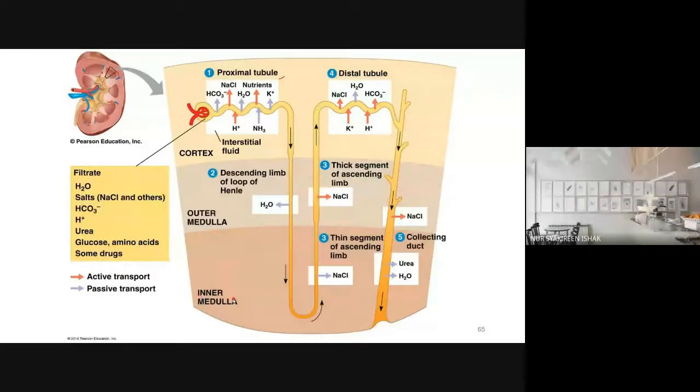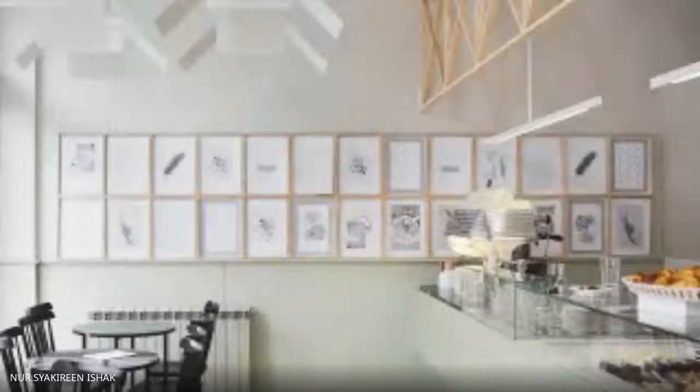The cortex is where the glomerulus, the Bowman capsule, the proximal tubule and the distal tubule are located. The outer medulla and inner medulla are where the loop of Henle and the collecting ducts are located. As you can see, the branching collecting ducts are branches from several nephrons. The filtrate from several nephrons will enter into the collecting ducts before it enters into the renal pelvis.